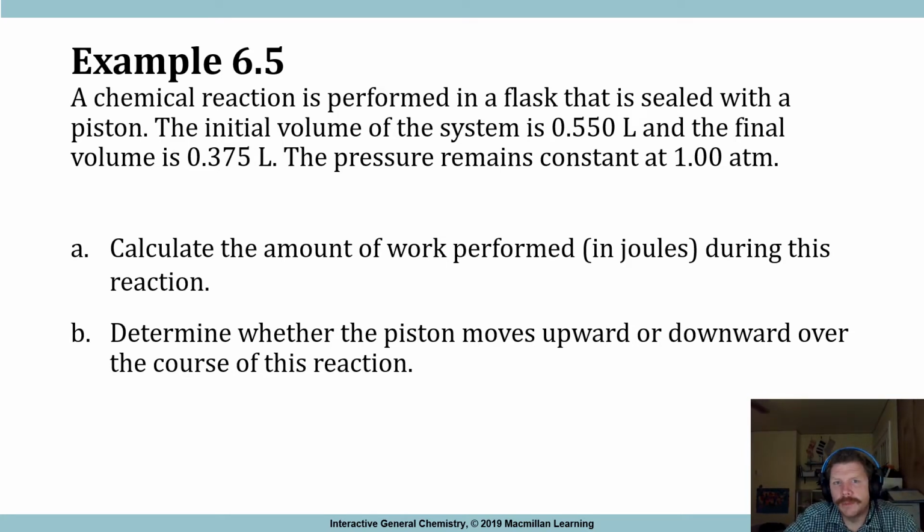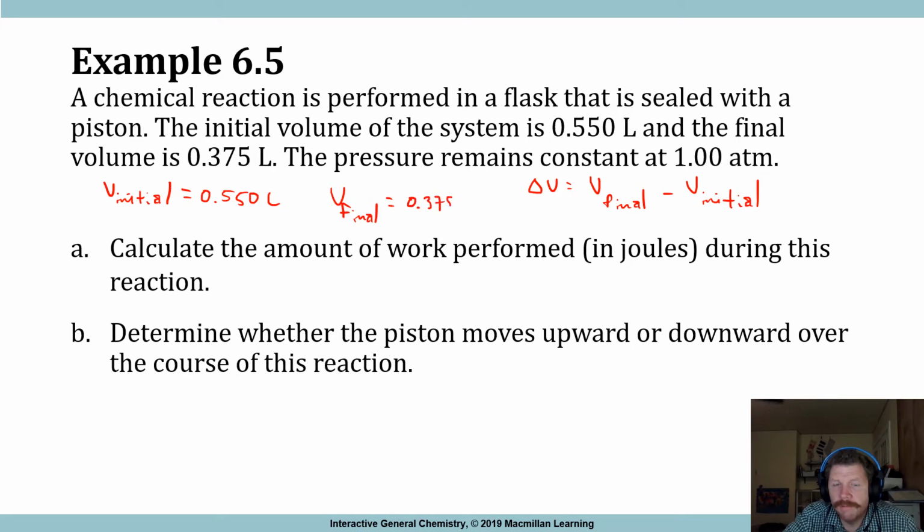A chemical reaction is performed in a flask that is sealed with a piston. I'm going to write V initial, and I'm also going to write out my equation. Delta V is equal to V final minus V initial. The initial volume is 0.550 liters, and the final volume, V final, is equal to 0.375 liters.